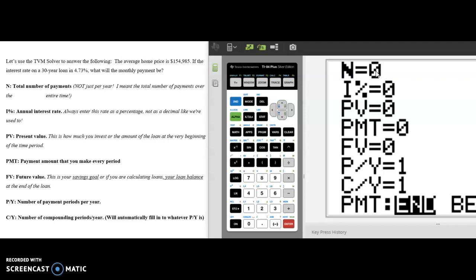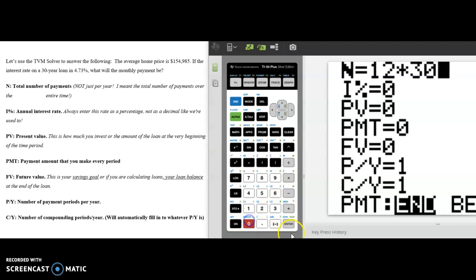So if you're doing it monthly over 30 years, I'm looking for 12 times 30 here, the total number of payments. So in this problem, we are looking at monthly payments, monthly interest, okay? And over 30 years. So we are looking at a 12 times 30 situation. So I'm going to type in 12 times 30.